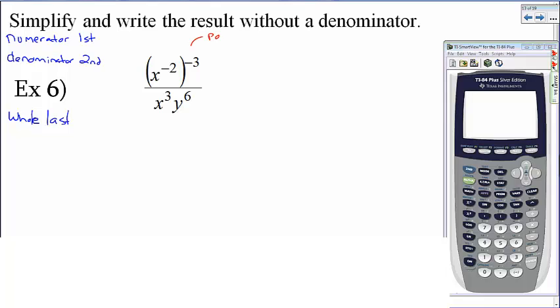So if I start with my numerator here, I see that I have a power law situation and can simply multiply the exponents together to get x to the sixth power.